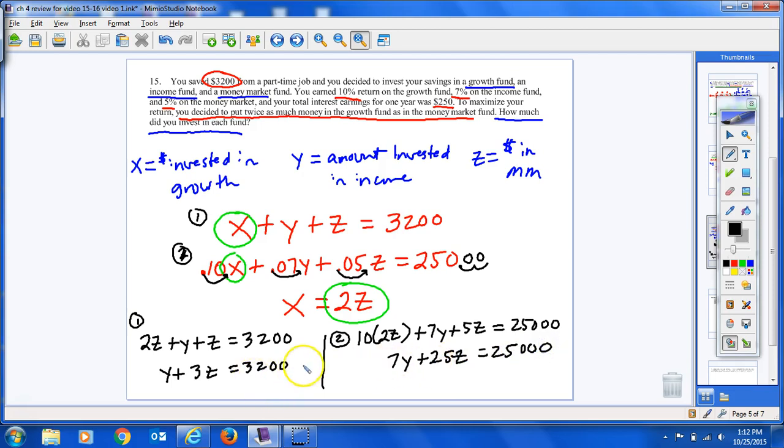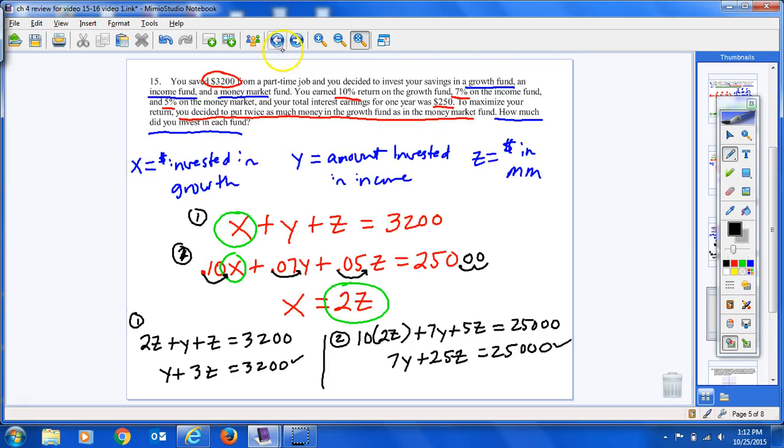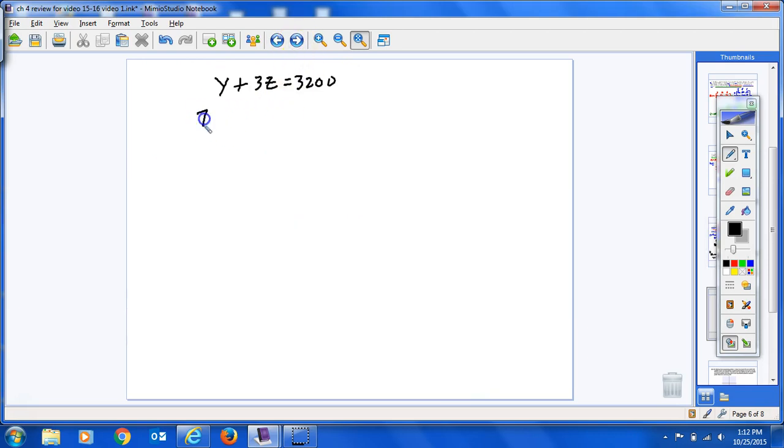Okay. Now these two equations that have two variables in them, we'll put those together in a system. So y plus 3z is 3,200. And 7y plus 25z is 25,000.